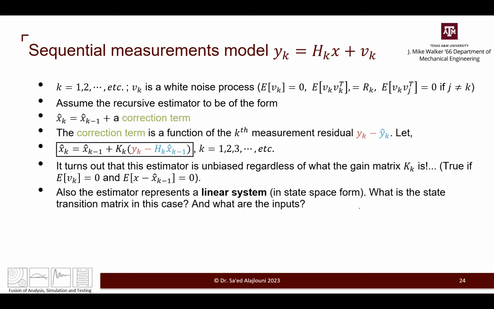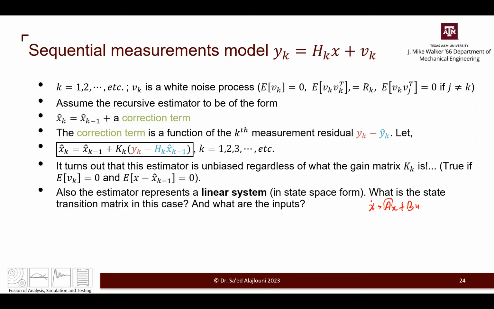If we have continuous time, I don't know if this rings a bell, x dot equals Ax plus Bu. This is the state space. Yes, exactly. This is a discretized version of this form, and here A is called the state transition matrix.